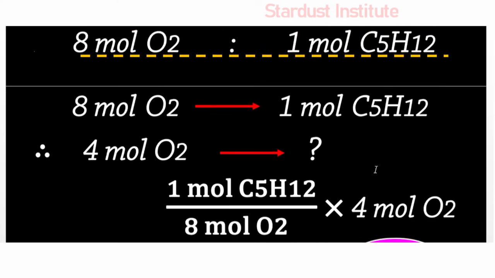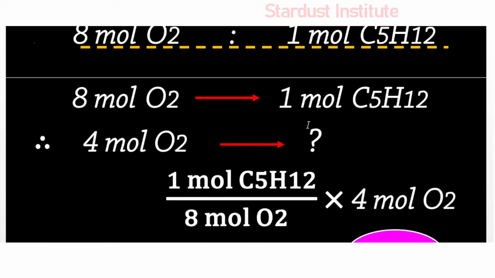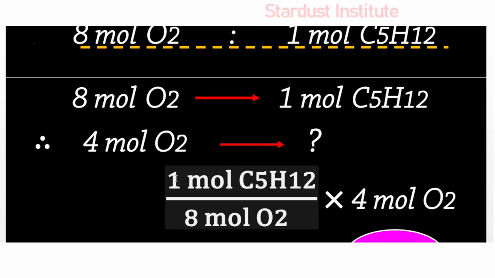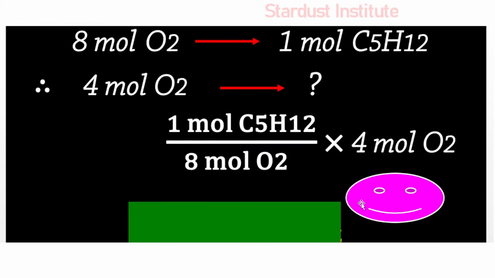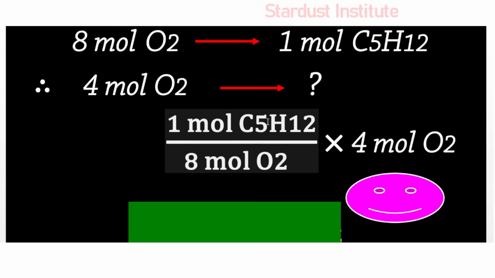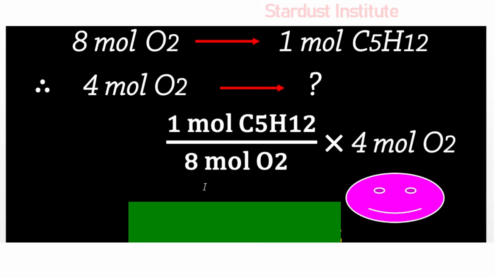We can find the answer in this way: 1 mole pentane divided by 8 moles O2, multiplied by 4 moles O2.